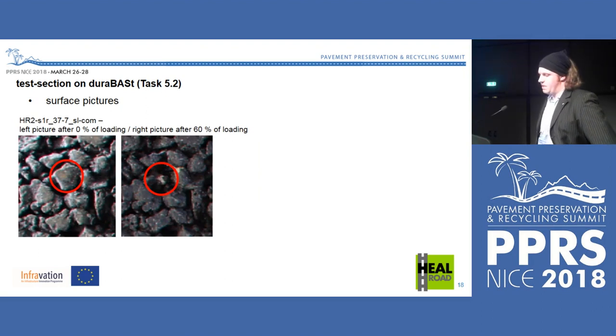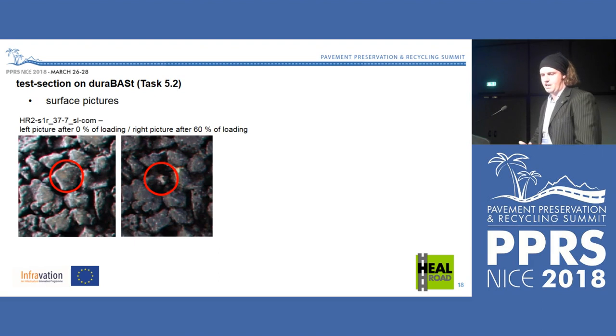Every time we used our hands to pick up the loose stones, we took surface pictures of each individual sample. After the loading process, we went through them and looked for the stone loss. If you remember, we had 260 stones in the surface inspection.